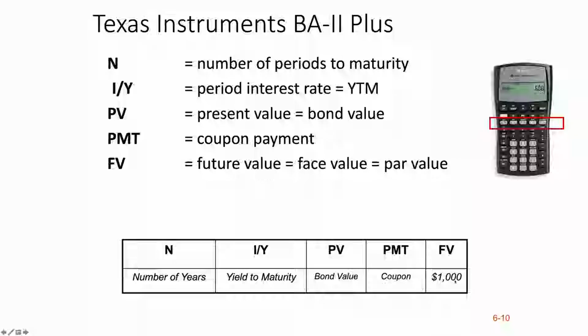So if you want to find the price for this bond, the value of the bond, you look at the present value. So given the 4 inputs, N, I, PMT, and FV, the calculator computes the present value for you. The present value is the bond pricing. So we'll use all 5 keys to solve the bond pricing problem.